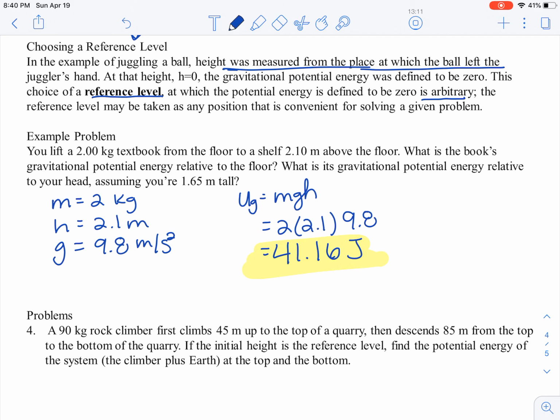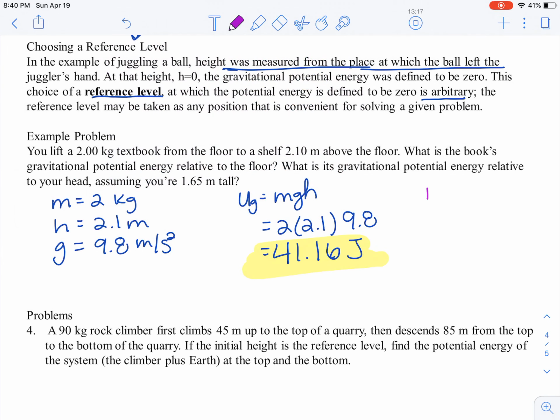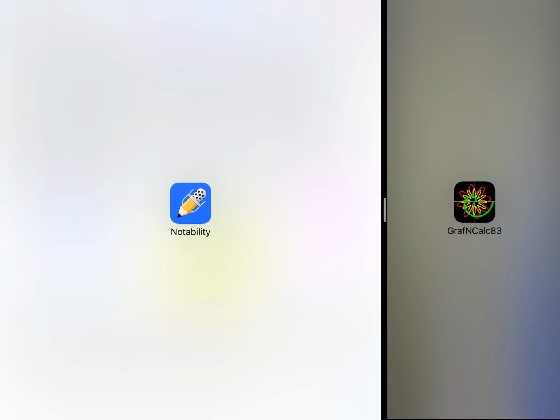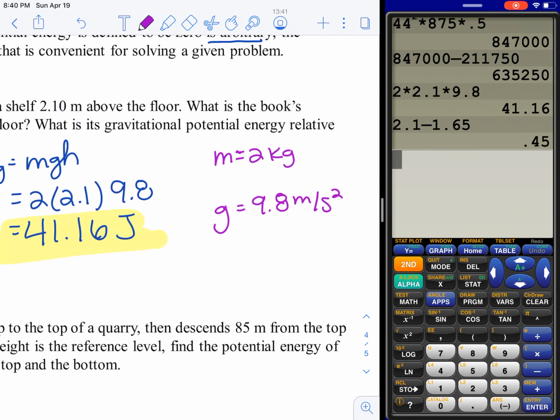1.65 meters tall? So in that case, we are going to use the same mass, the same g, but our height is going to be the difference between the top of our head and the shelf. So 2.1 minus 1.65. Again, the distance that it would have to fall.